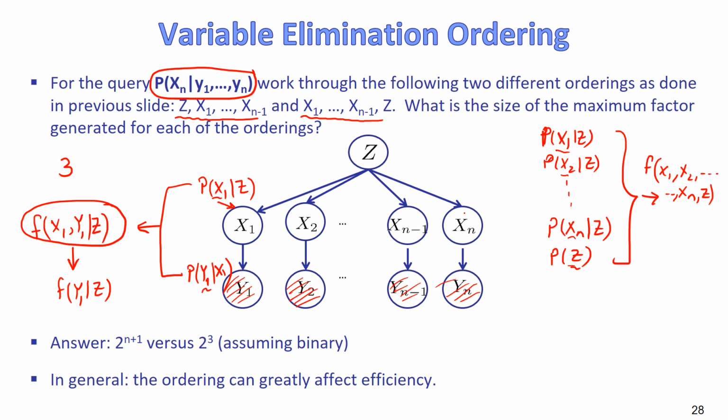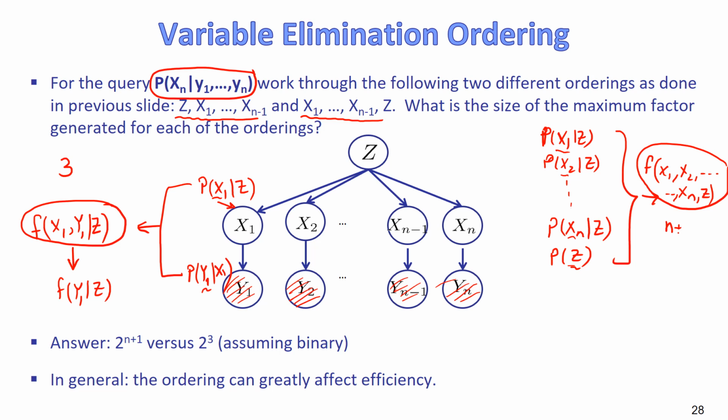Is that clear, Yusuf or Mahmoud? Okay, any other questions? Mahmoud, stay with me and tell me how many dimensions we have in this factor. And here we said that we have 3 dimensions. Okay?